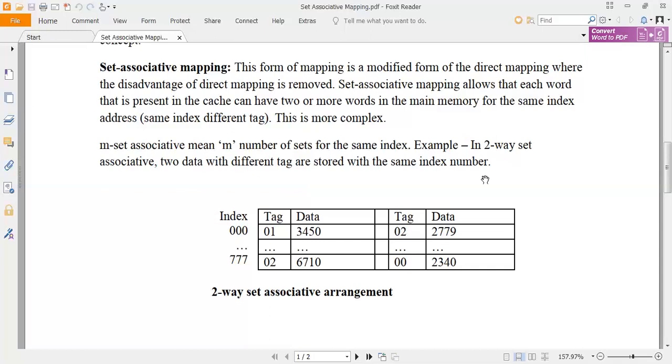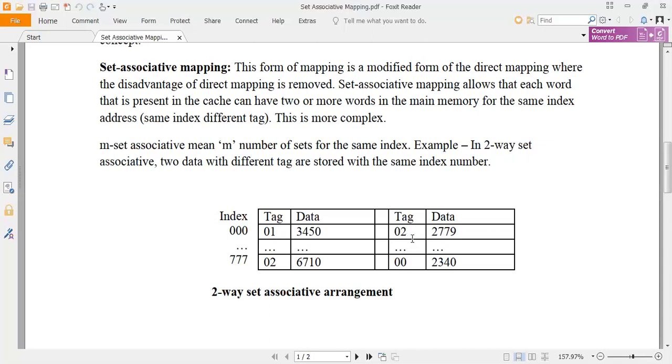That 9-bit index is indirectly the address space of the cache memory, as we discussed in direct mapping. So these 9 bits act as an address for representing cache memory, and the address space of the cache memory is equivalent to the index part.